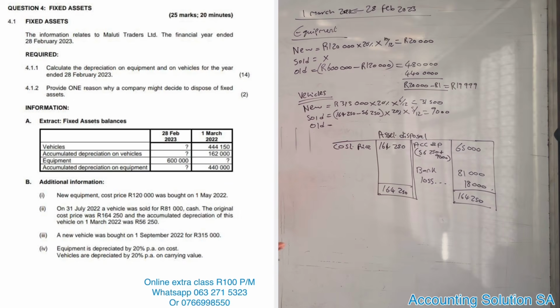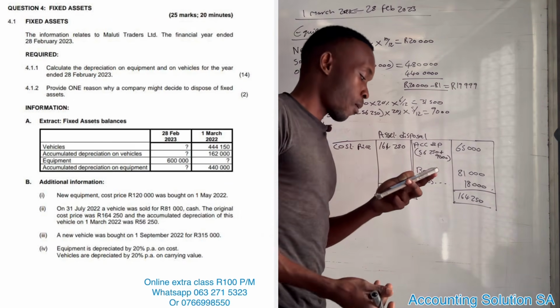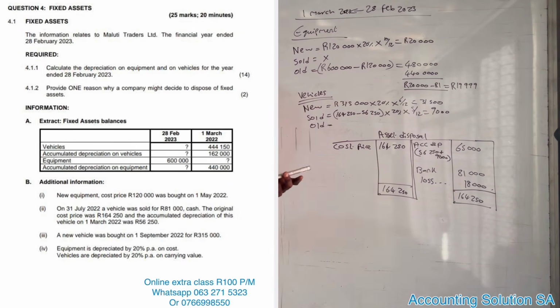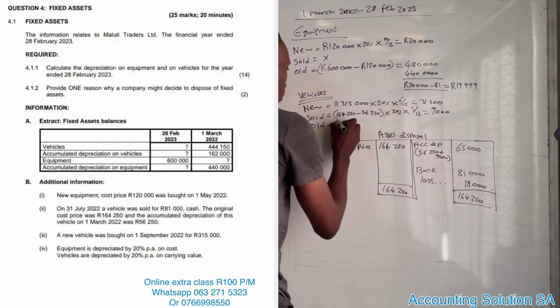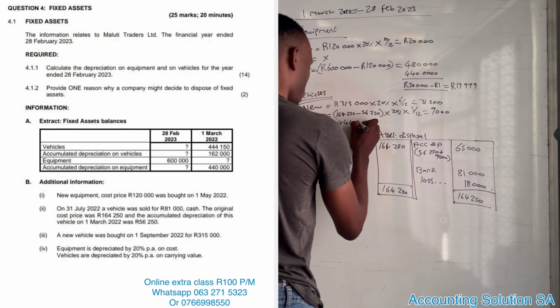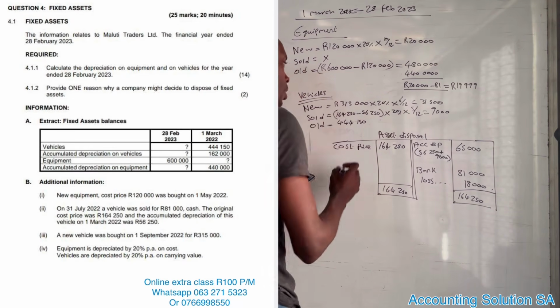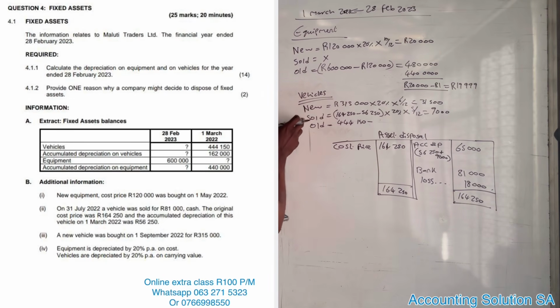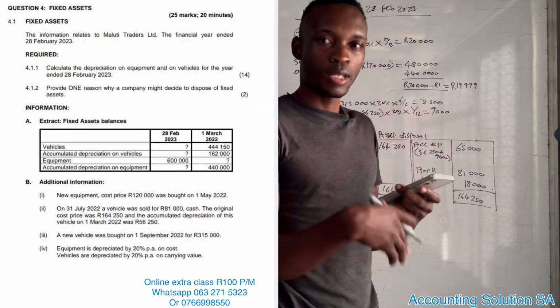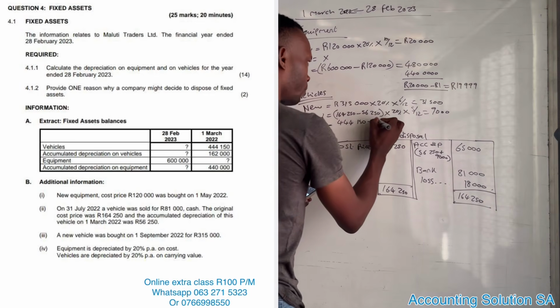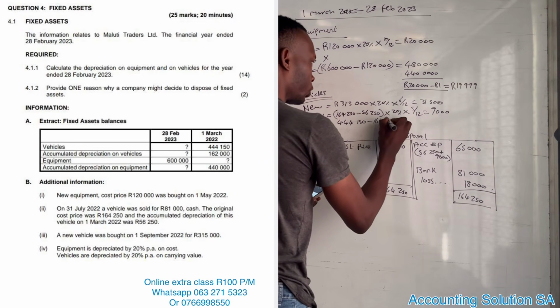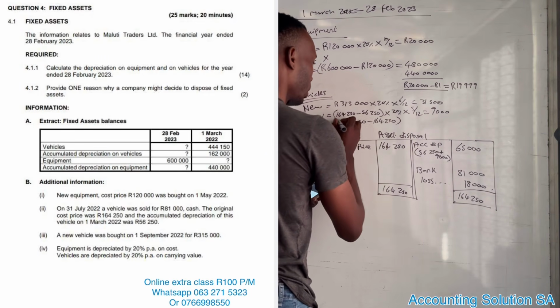After that, we now have to calculate the old vehicles. For the old ones, we have to go back to the balances. Remember there is a cost price of 444,150, but you must first remove the one that was sold, because we have already calculated depreciation for it separately. So we remove 164,250 from the cost.